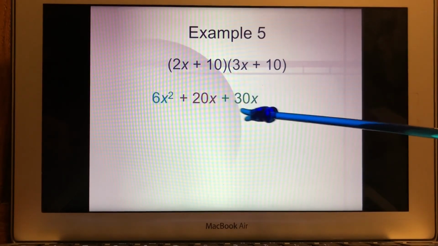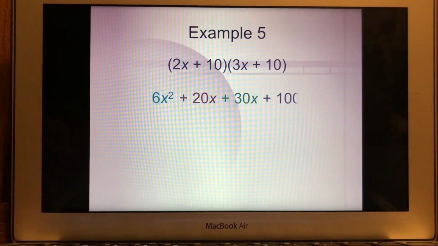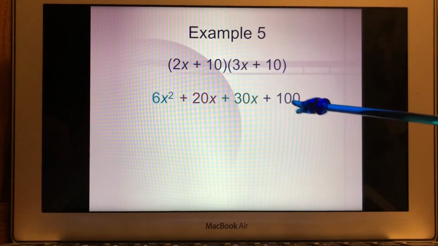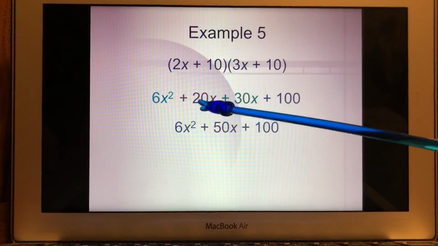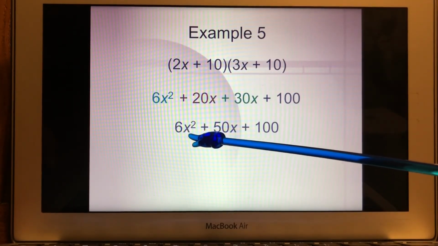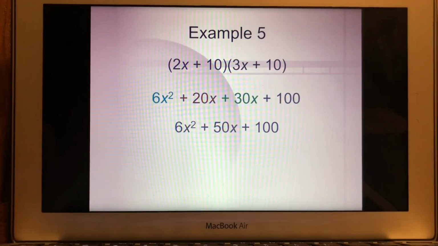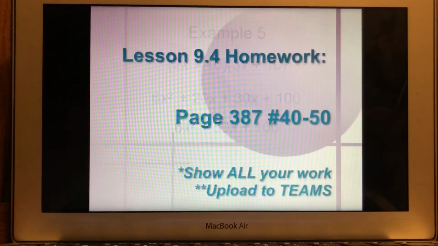My inside terms are 10 times 3x. And the last terms, 10 times 10, give me 100. Then I combine my x terms, and I get 6x squared plus 50x plus 100, and that gives me the area of the swimming pool plus the walkway.